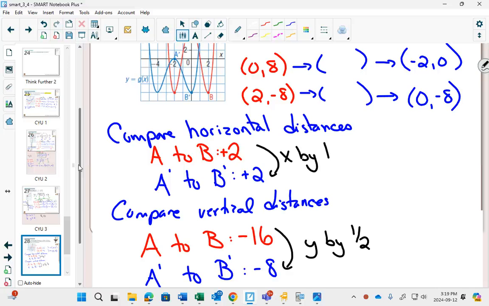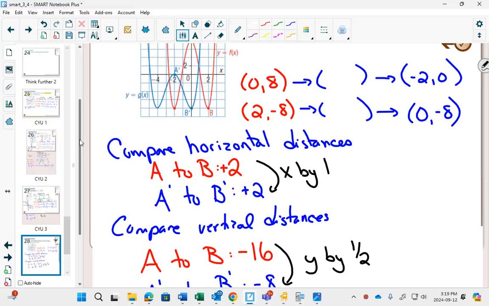What that just did is it allowed you, and you wouldn't have to write the x by 1, I'm going to just do it just because we figured it out. Our x values aren't changing, but our y values are getting cut in half. If we had done that, that would change our first point to 0, 4, and our second point to 2, negative 4.